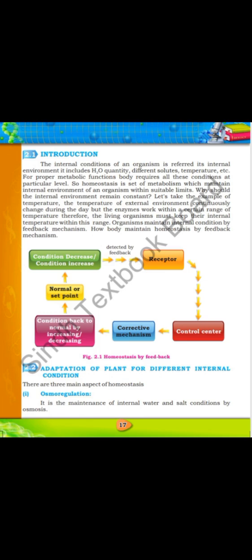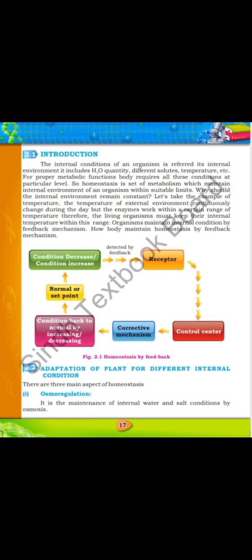And dear students, let's have an example of temperature. The temperature of the external environment is continuously changing, and our enzymes work within a certain range of temperature.